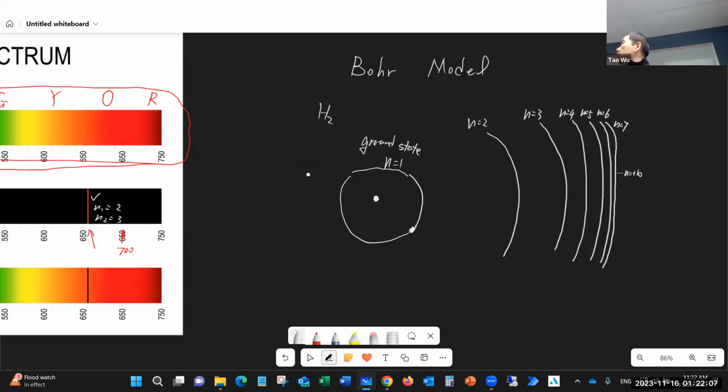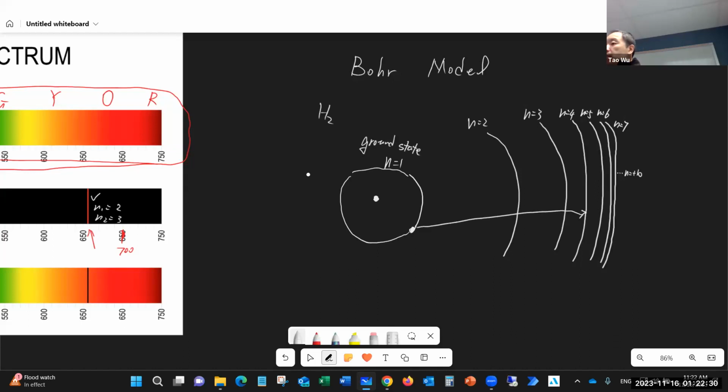They're going to try to jump from level 1 to level 2, or even jump to a higher level. That really depends on how much energy you apply. If you give it really high energy, then the electron will jump, let's say, to number 4.